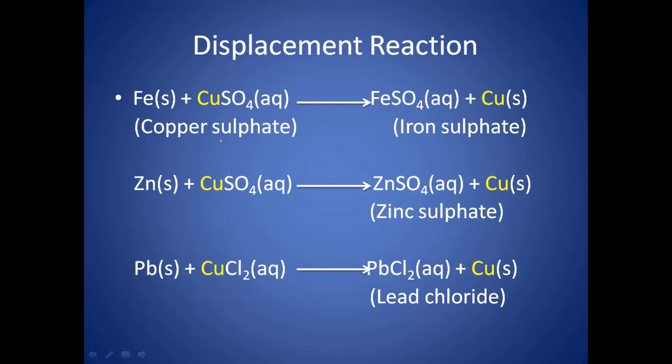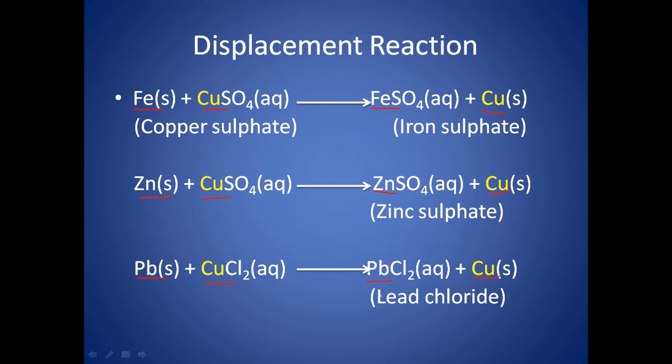This is the displacement reaction. I had told you earlier, one product gets replaced and another product sits there and he goes free. Most of the time it's copper, for our syllabus, not all the world. When there is iron, he replaces him. When there is zinc, he replaces him. Same thing here, lead.